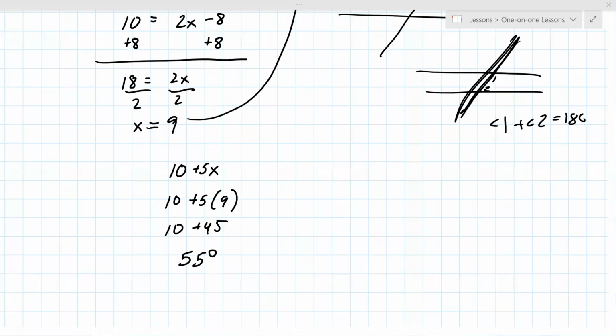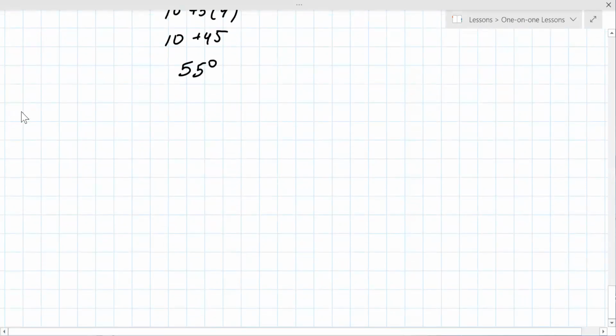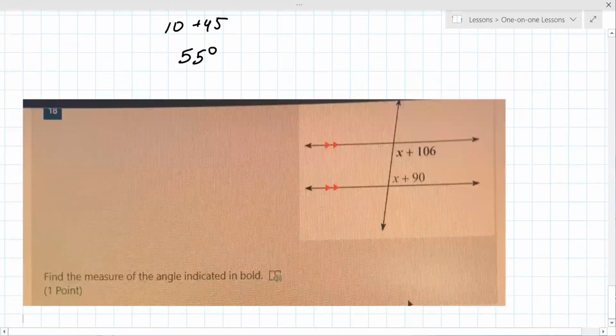Okay, we're up to 18. If I can find it, there's 18. This one, it does matter which angle you find, and I'll explain why when we get to that step.